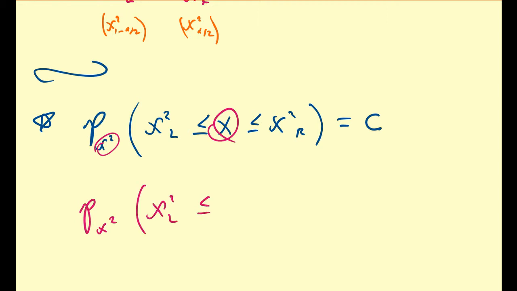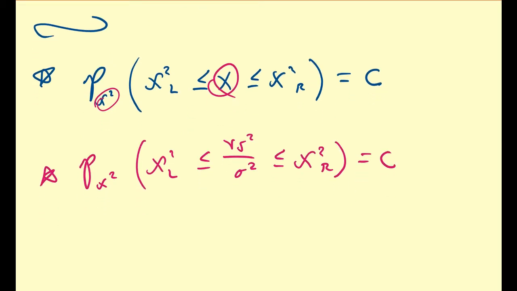That variable is nu s squared divided by sigma squared, and we want the probability that it lies between chi-square L and chi-square R to be equal to c. Just for notation here, sigma squared again is the variance of the population, which is what we're trying to construct a confidence interval for, and s squared is the sample variance for some sample of size n.